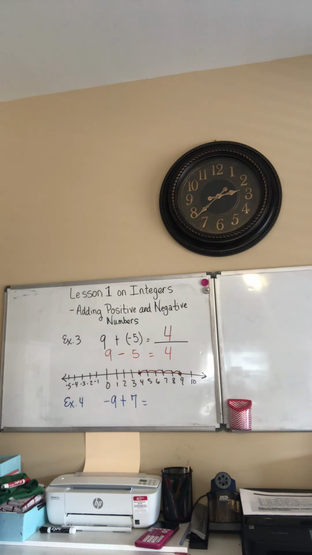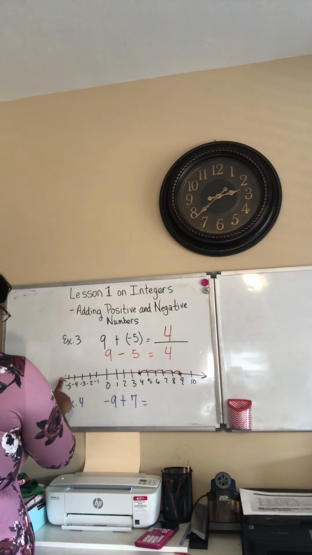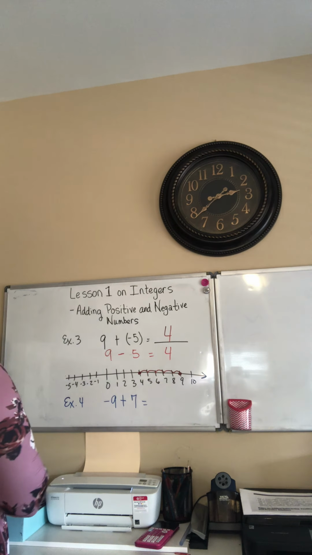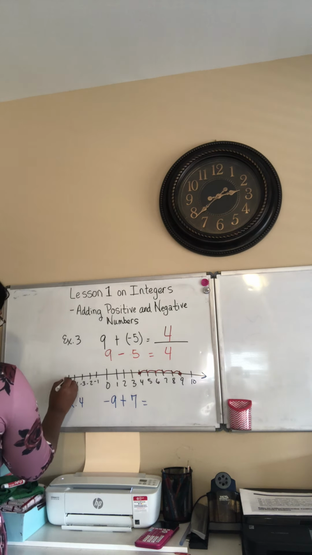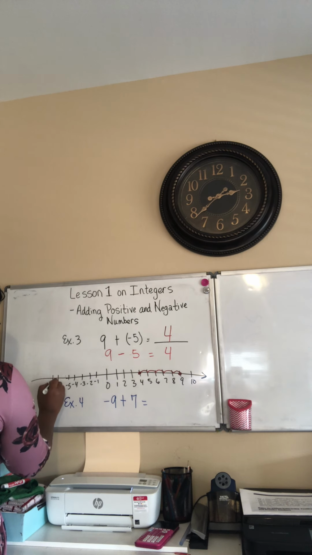All right, so what I'm going to do is I'm going to actually use the same number line because I want to demonstrate to you what happens here. We're going to go ahead and draw this out a little further. -6, -7, -8, -9, -10.